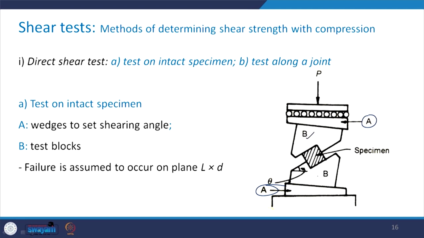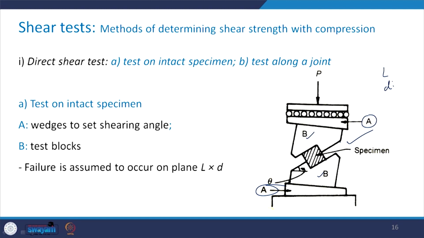B is the test block which holds the specimen in this position, that is, it is making an angle theta like shown in this figure. One assumption which is made is that the specimen is cylindrical and it has L length and D be the diameter of the specimen.